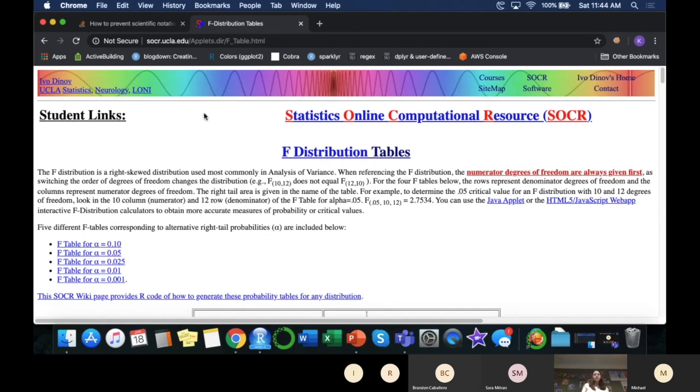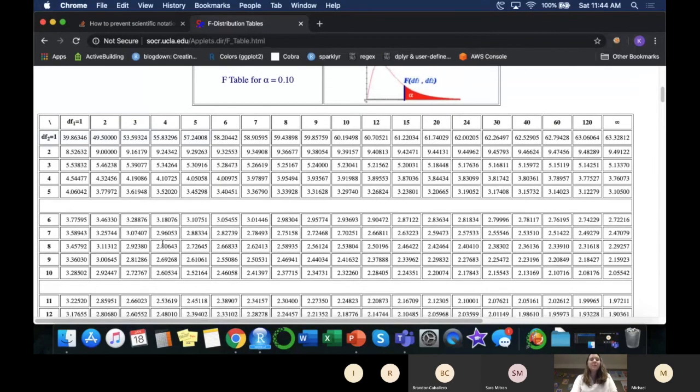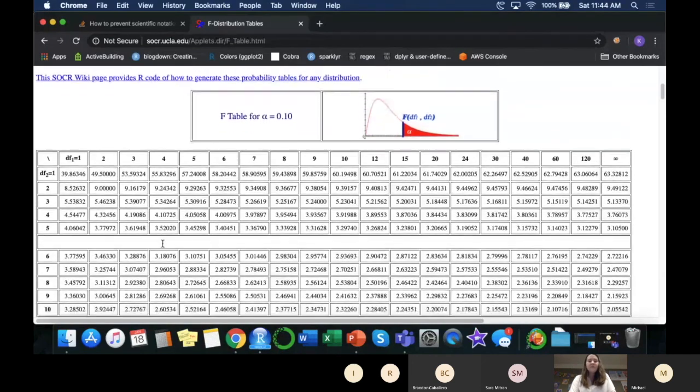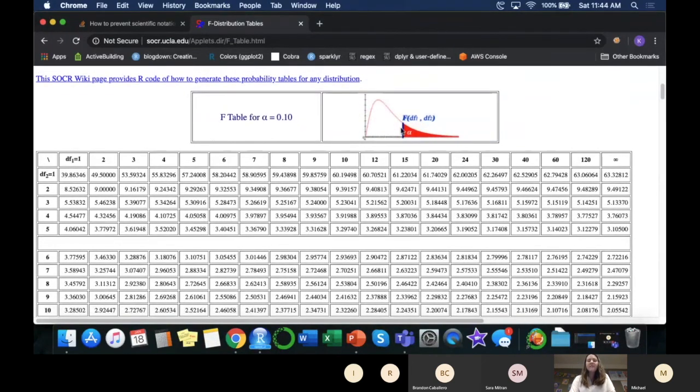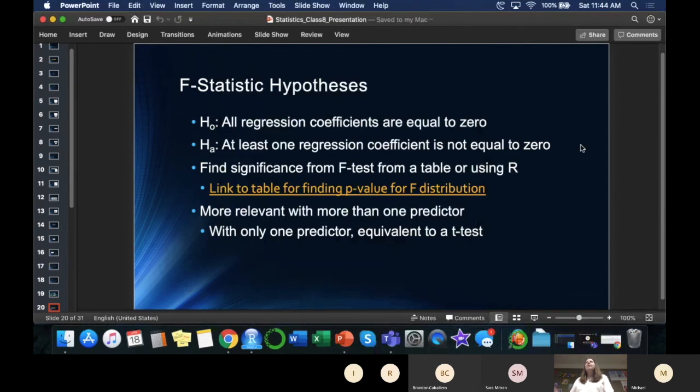So it's going to output a number. You're going to find that number in here. Look at our degrees of freedom, and then it's going to tell us what our p-value would be. So this is our cutoff, basically. You'll have to go in through there and find it, but R is going to spit that out anyway.